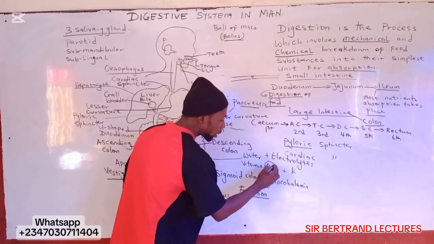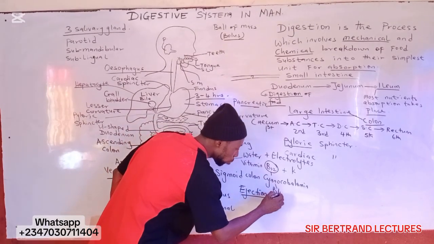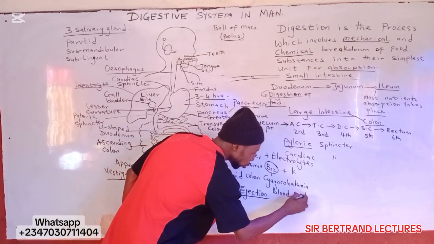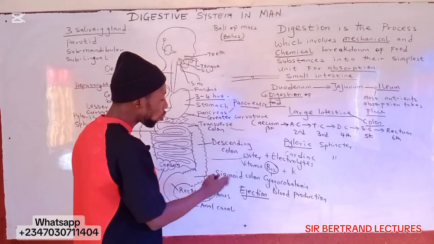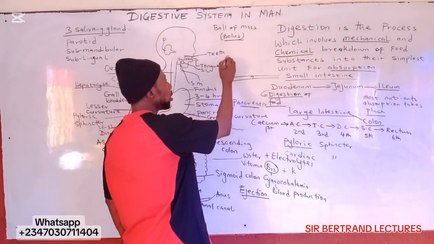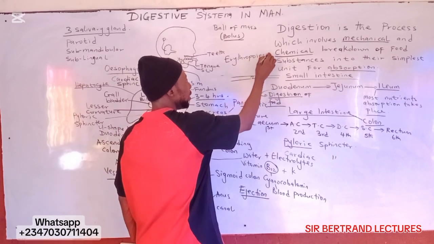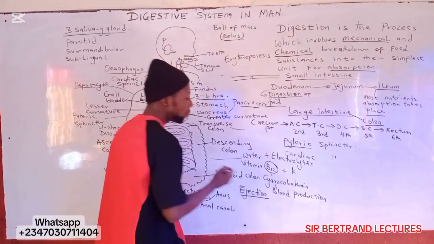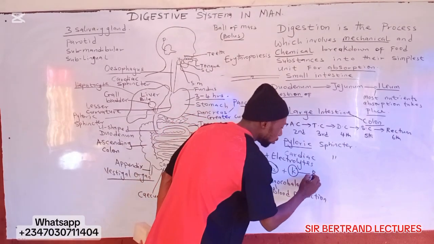Vitamin B12 is responsible for blood production, and this process of blood production is known as erythropoiesis. While vitamin K is responsible for blood clotting.